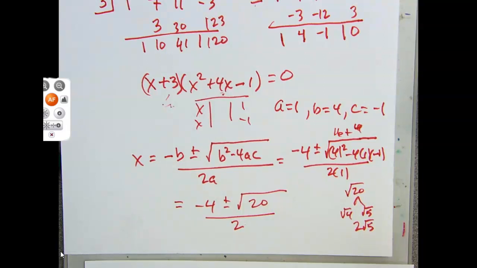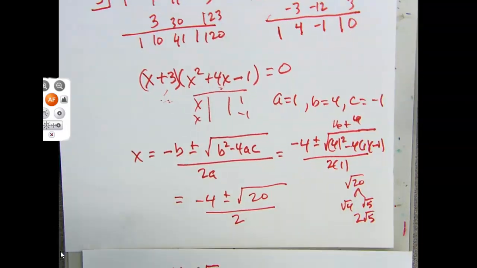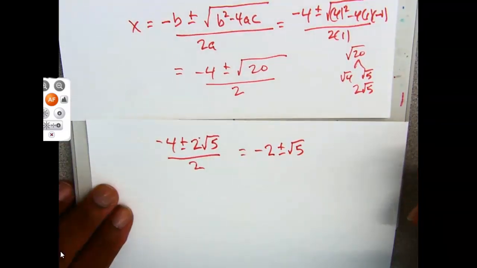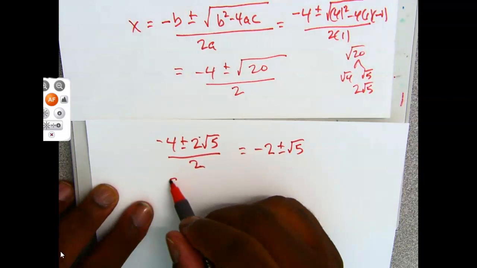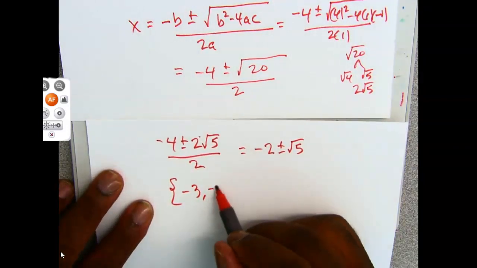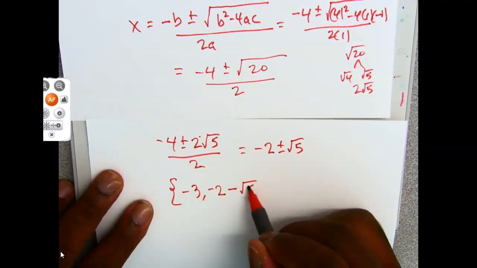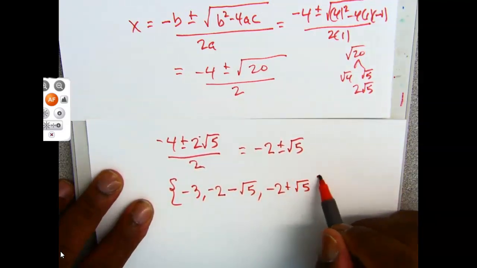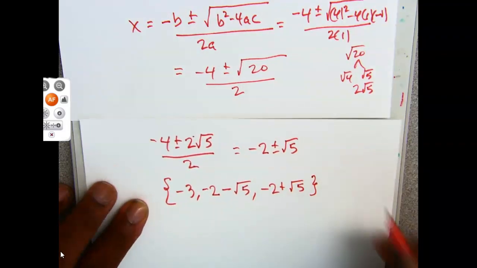So your other two zeros are, well, we've already established that negative 3 is a 0. So our zeros are negative 3, negative 2 minus the square root of 5, and negative 2 plus the square root of 5. So those are all of your zeros.